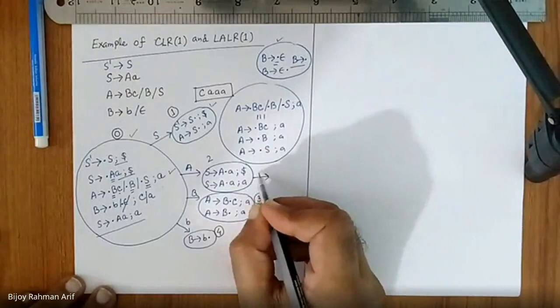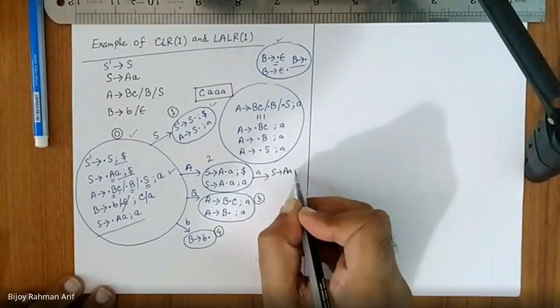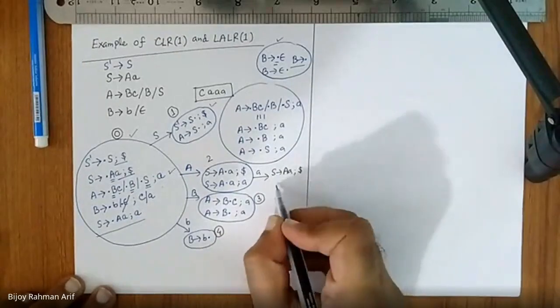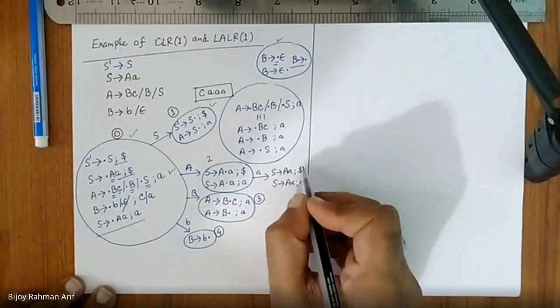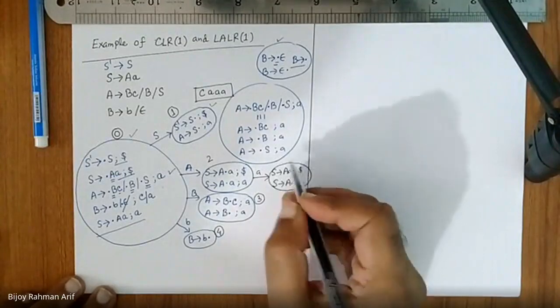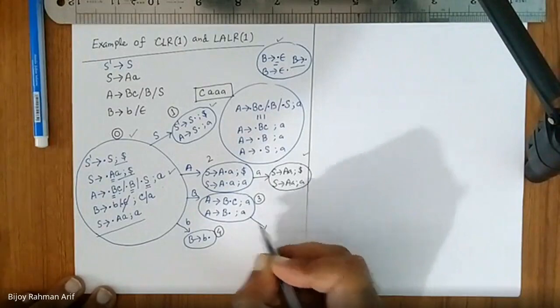So move on A, we get A derives a dot, comma dollar, A derives a dot, comma A. Now it is done, and we have shift on small c.